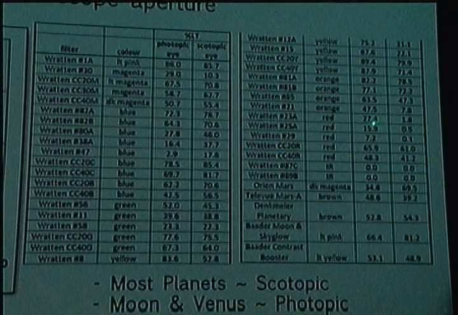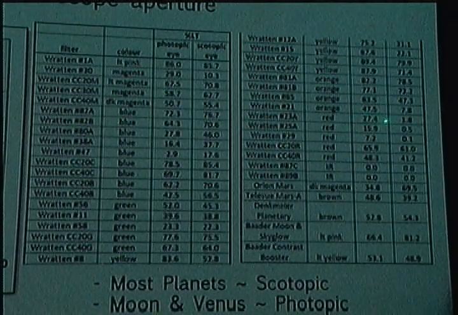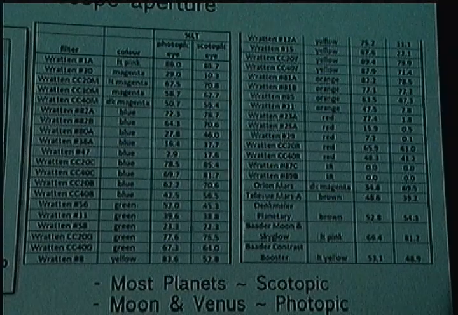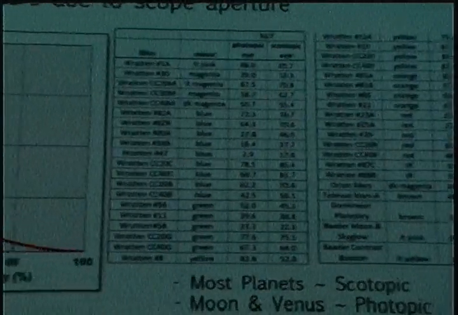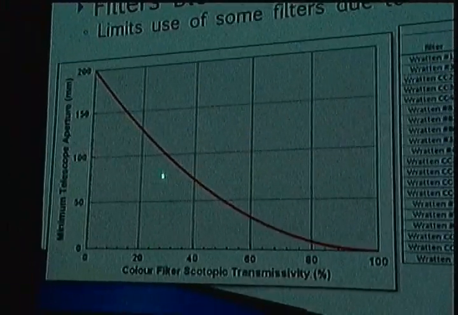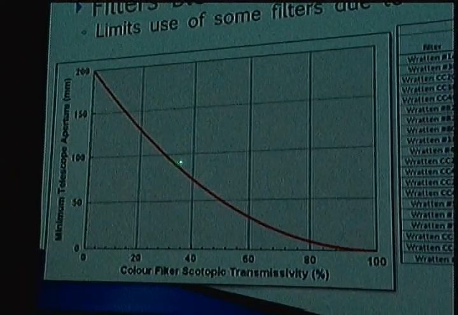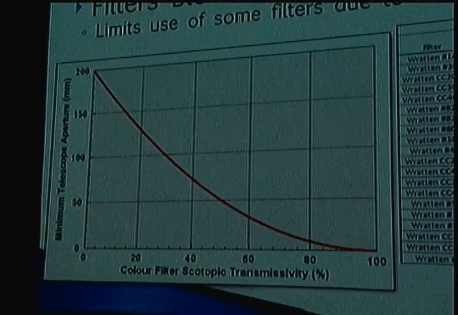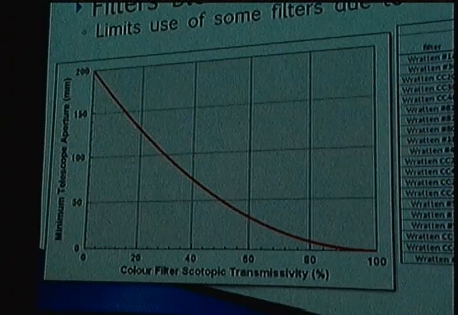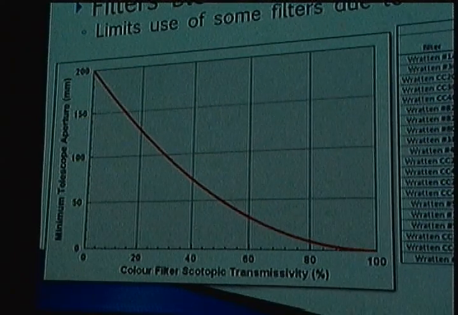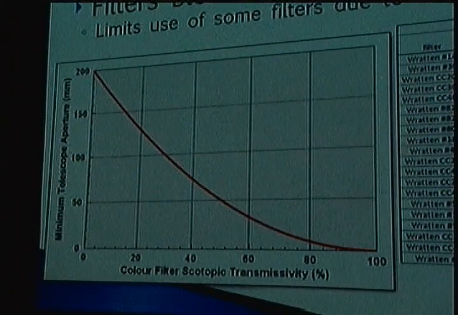So if you take the percent LT value of 27 and you go over here, 27, come up, it's about 100 millimeters, or about a 4-inch telescope. So that filter probably is going to work okay as long as your telescope is bigger than 4 inches.